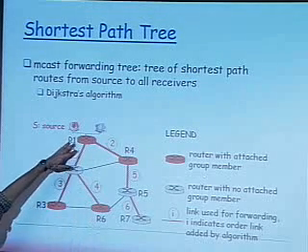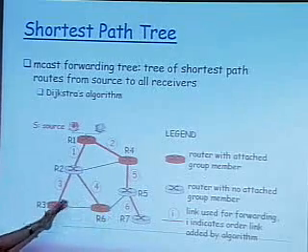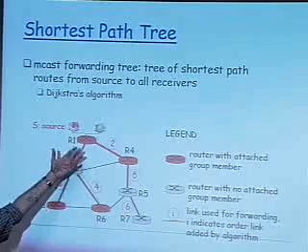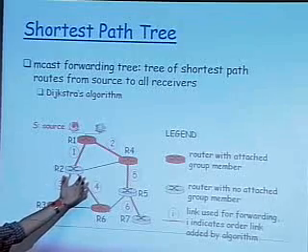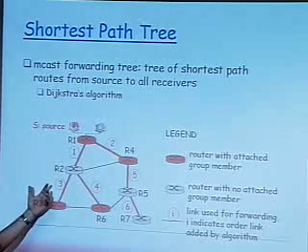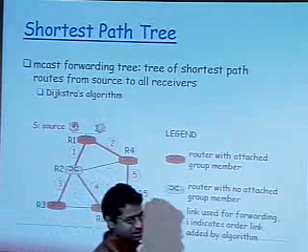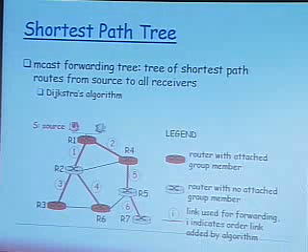So if you know all the routers that are part of your multicast group and you know all the link weights, then each router can individually construct the shortest path tree which goes to all the other multicast routers. So very simple application of the unicast routing principle. You know the topology, you know the link weights, you just construct a shortest path tree.